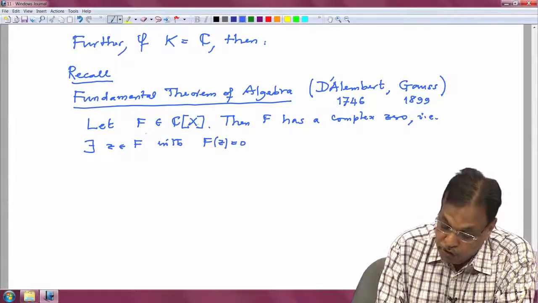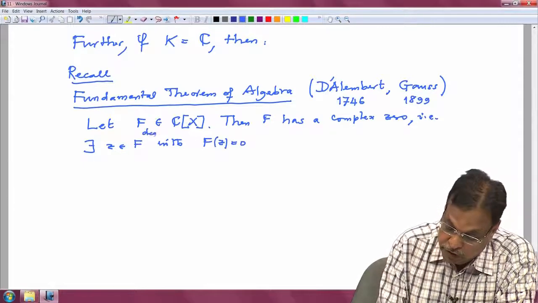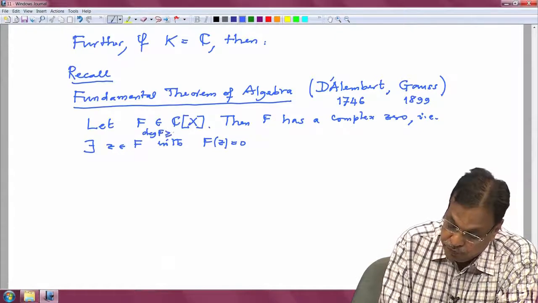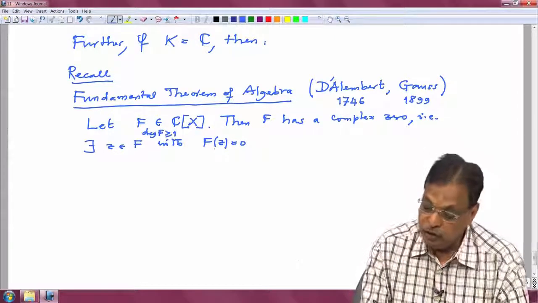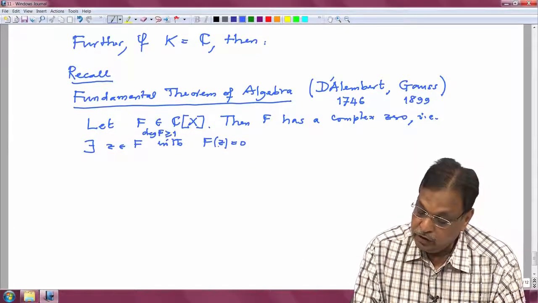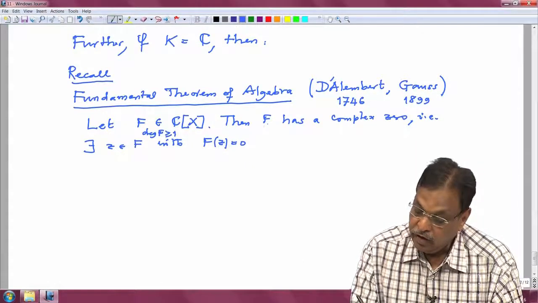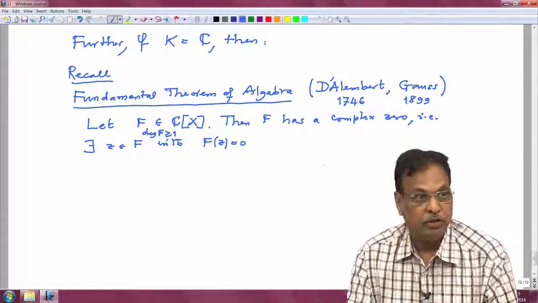And when I say polynomial, I mean non-constant, so the degree of f is bigger or equal to 1. Once you do this, then x minus z will be a factor of f, and for the remaining part you can again apply this theorem.